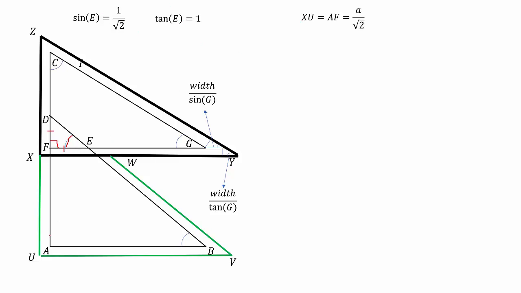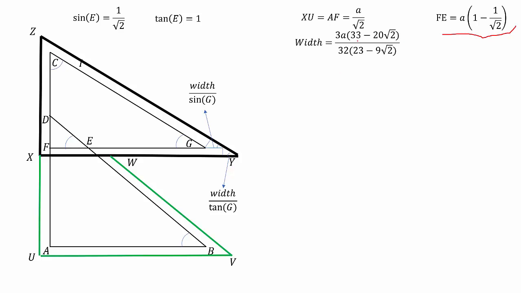This length XU is equal to AF. You can imagine that AF is just translated over this distance, so XU and AF are equal, which is a by square root of 2, as I have brought from the previous video. Then FE is equal to this value, also from the previous video, and the width we have already calculated.